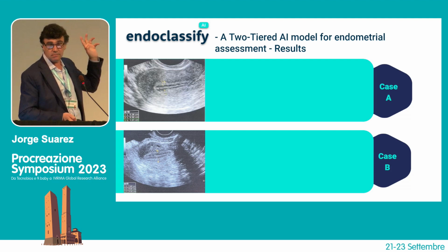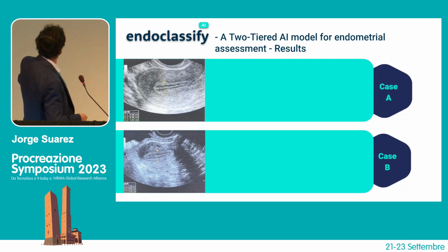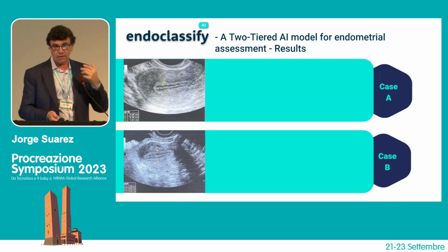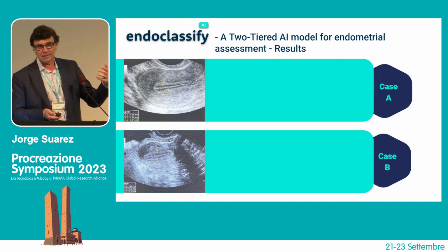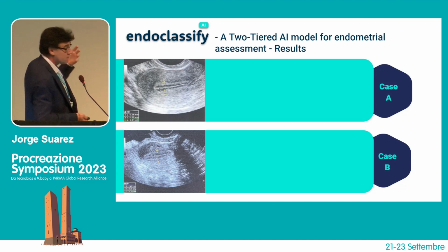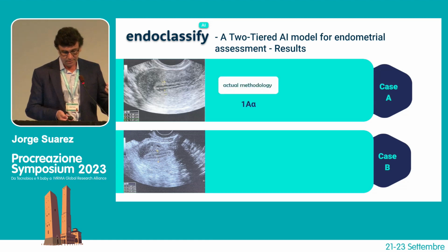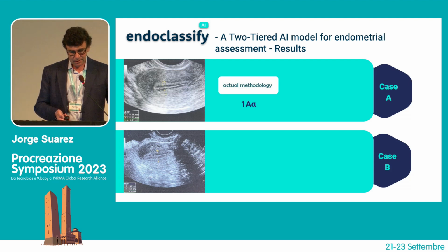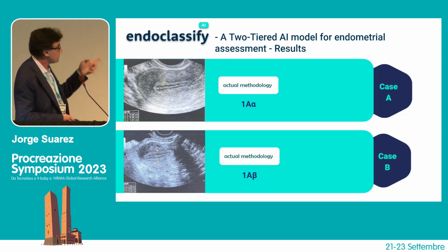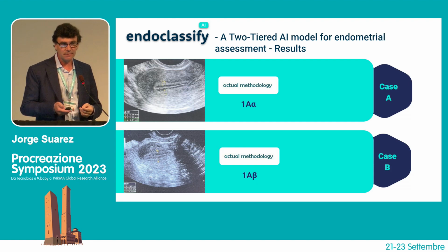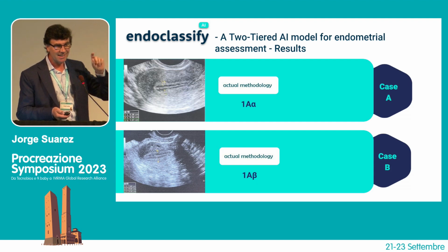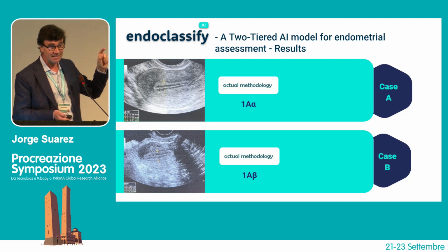If you see both examples, they look very similar, with subjectivity and observer variability. But if you classify with our grading system, you can identify that the first is 1A alpha, but the second is 1A beta. The difference is that the proportion of external layers doesn't satisfy our criteria.